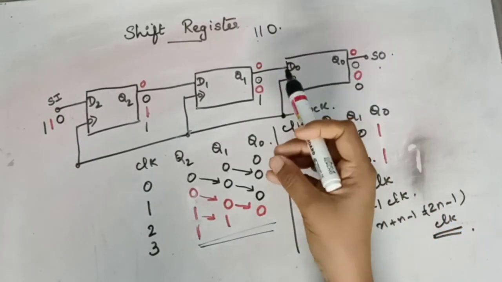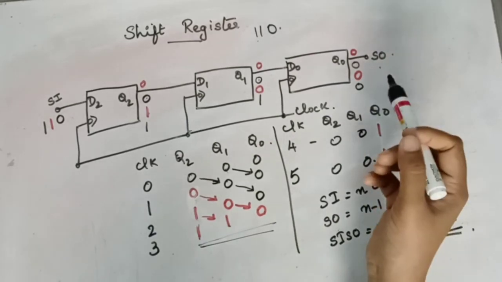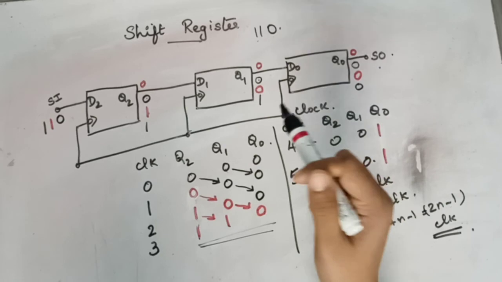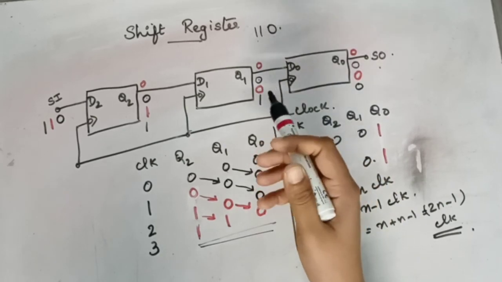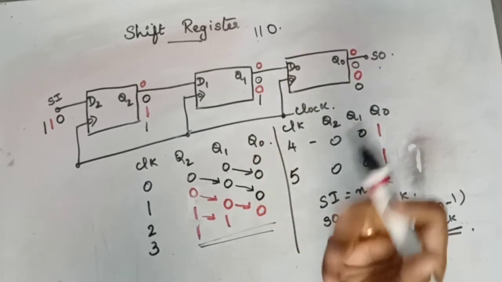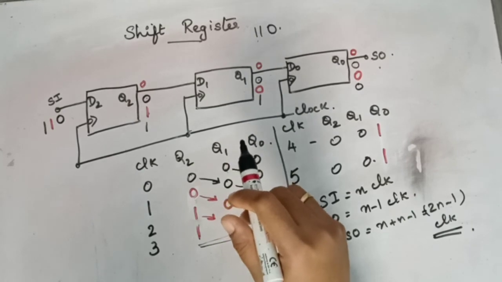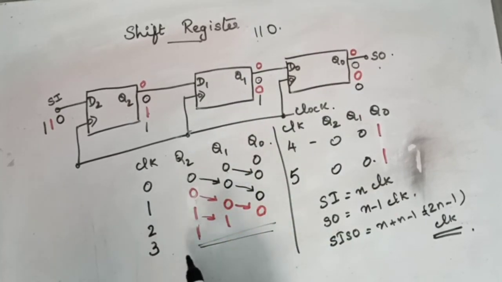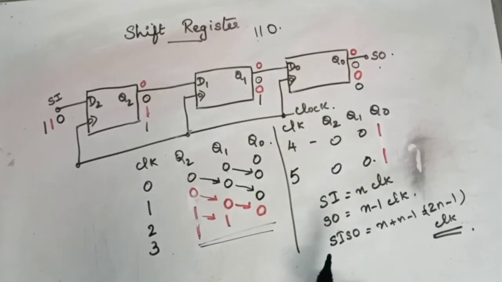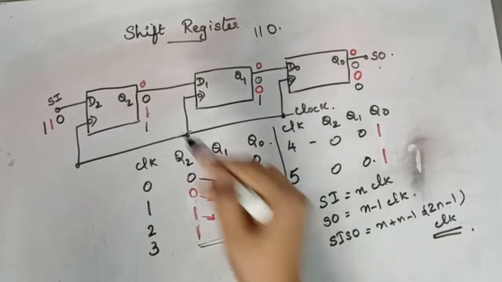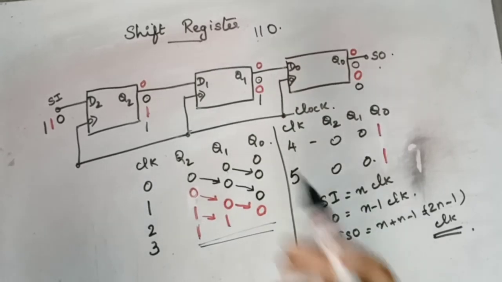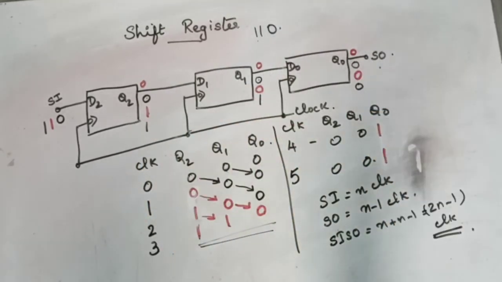Parallel out means taking the output in parallel, simultaneously. So how many clock pulses do you need to parallelly output the data? None. You don't require any. Why? Because you are just using the clock pulses to serially input the data. To take the data out, you are just connecting it to an LED. You don't need any clock pulses because the data is already there in Q2, Q1 and Q0.